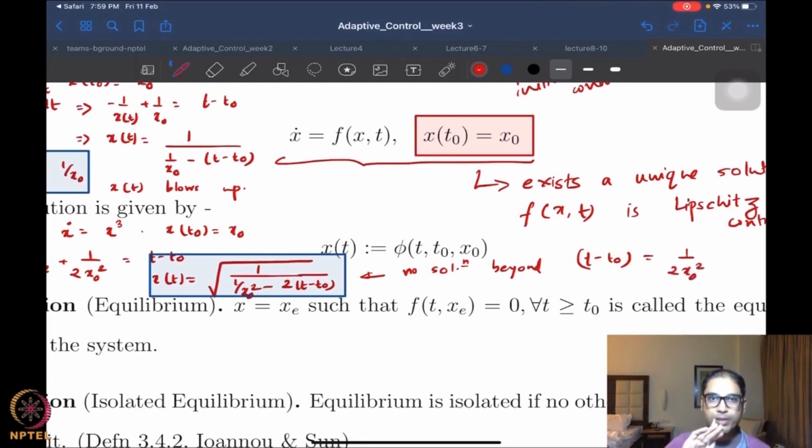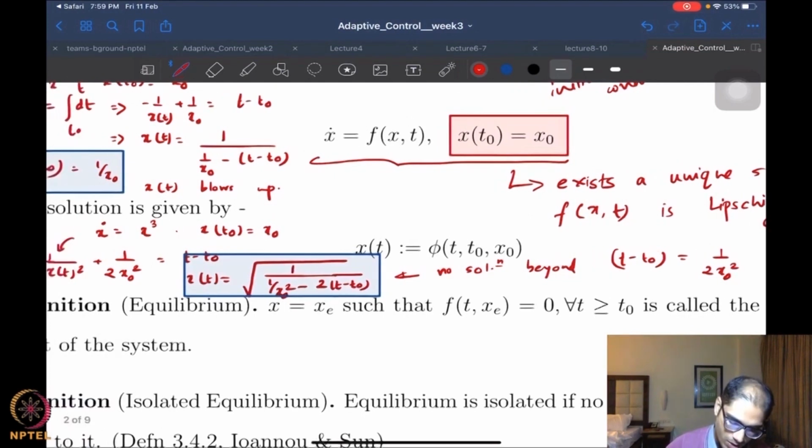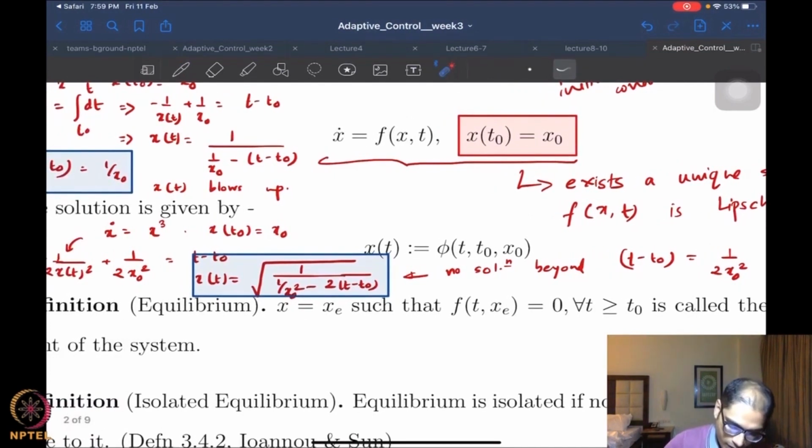Once t minus t0 becomes larger than 1 over 2 x0 squared, this entire thing becomes negative, and so you start getting an imaginary number. So solution exists only until this point and nothing beyond.